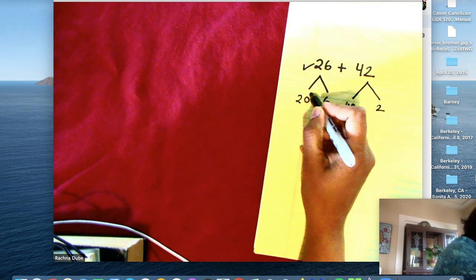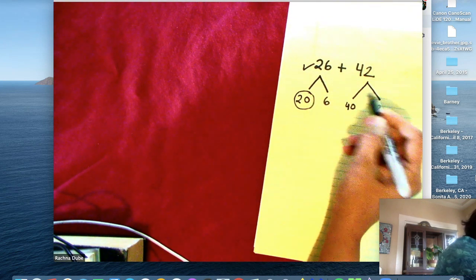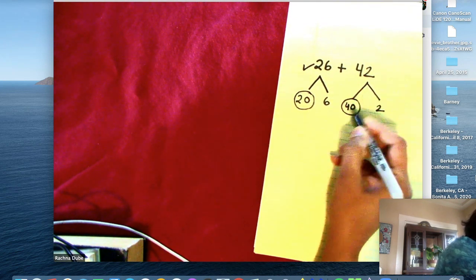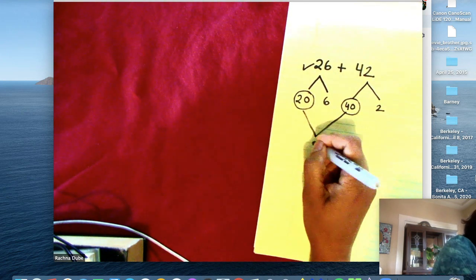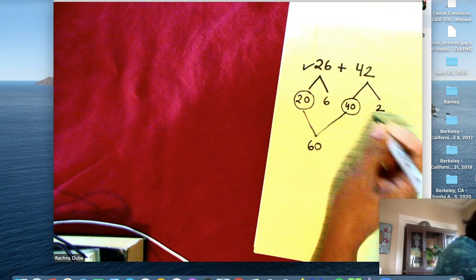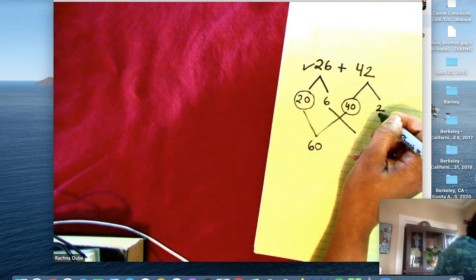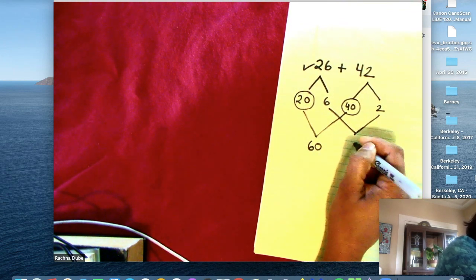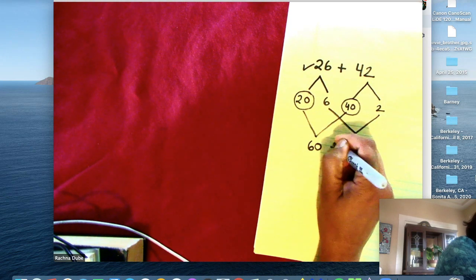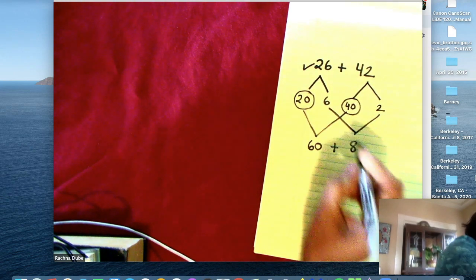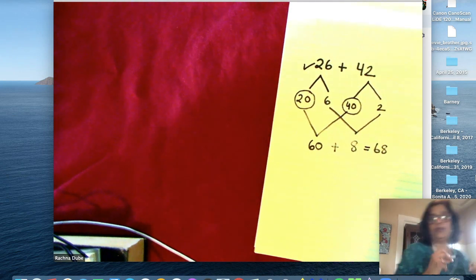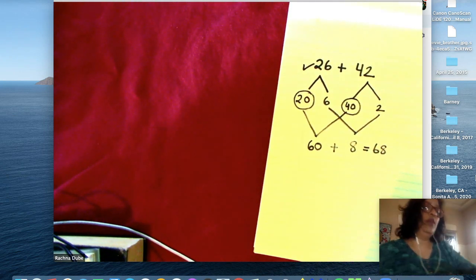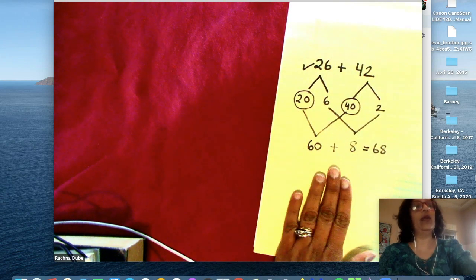So what I did was I took my 20 and I took my 40 and then I added them together and that became 60 sticks. And then I took my 6 sticks and my 2 sticks and I added them together to make 8. And then I added both of them to show 68. Okay, so even if this part is a little tricky right now, don't worry about it.